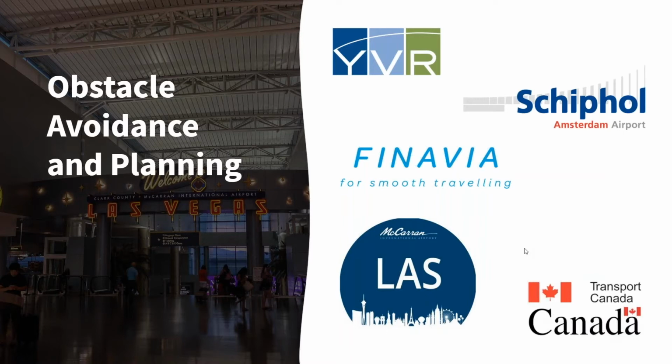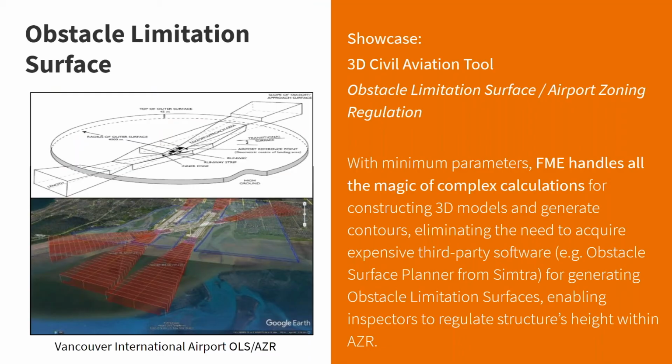So what are some other applications for AIXM? Certainly we've got some good examples of obstacle avoidance in planning. And we've been working with Finavia, which is a good example, and LAS. For this example, it's from YVR.